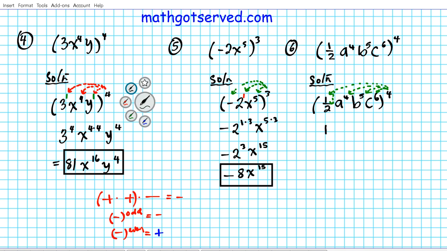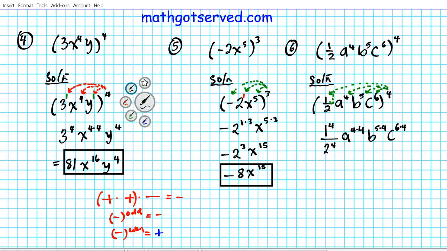Well, we're going to have 1 raised to the 4th power divided by 2 raised to the 4th power times a raised to the 4 times 4, b raised to the 5 times 4, c raised to the 6 times 4.